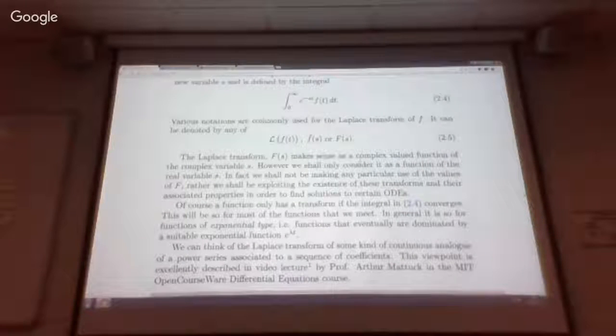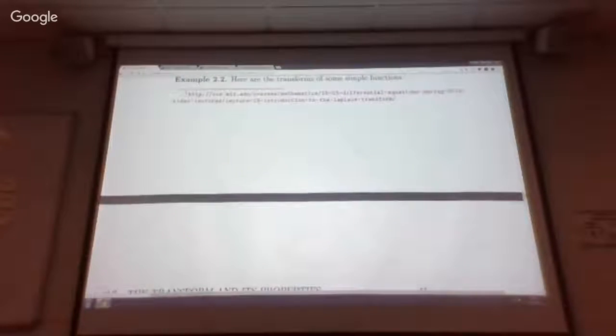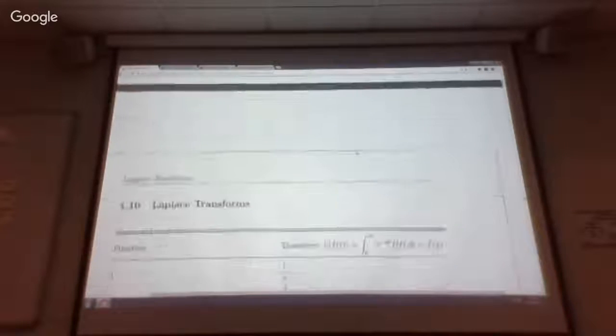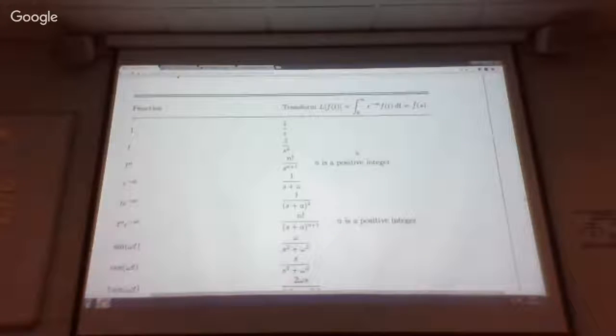So continuing the recap, in the previous lectures, we started working through properties of the transform, and also working through transforms of particular functions. The transforms of particular functions are all gathered together for us on what we refer to as the table of Laplace transforms.